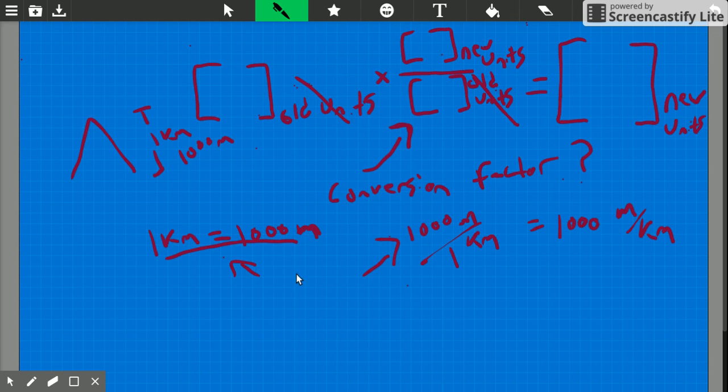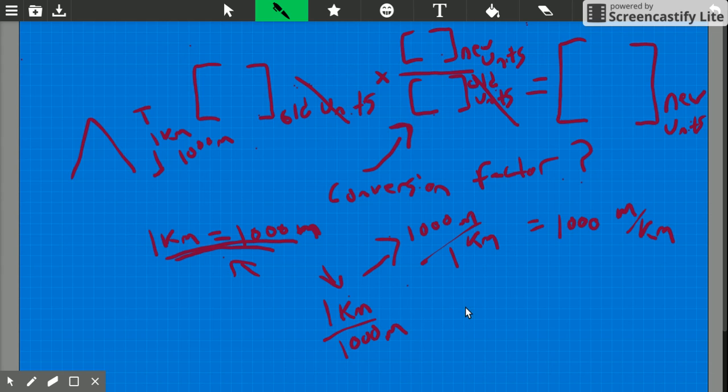We could say there's 1,000 meters per kilometer, or there's 1 kilometer per 1,000 meters, but we can always rewrite this equivalence in the form of a fraction, which we call a conversion factor. Now, the key to carrying out unit conversions is to create your conversion factor from this equivalence such that the new units are in the numerator, and the old units are going to cancel out to leave you with the new units.